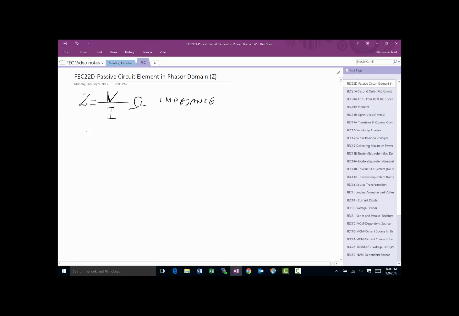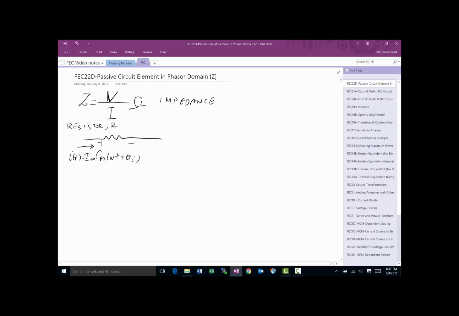We're going to start with a resistor, and R is its value. Let's say I have a current flowing through it such that I of t is equal to Im cosine of omega t plus theta I. Can you figure out what the voltage is?